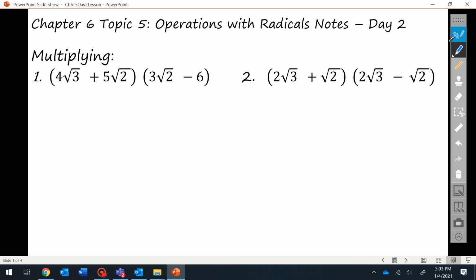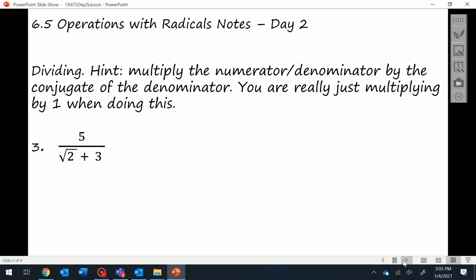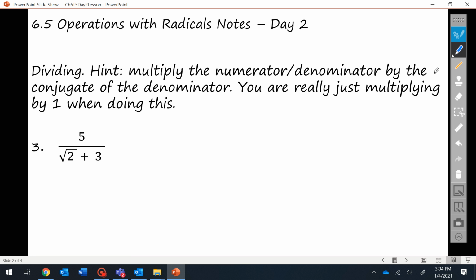Now we're going to use this idea to help us do division. Division works very similar to the way that imaginary numbers worked when we divided imaginary numbers. So when dividing, multiply the numerator and the denominator by the conjugate of the denominator. So you're really just multiplying by 1 when you're doing this. Alright, so let's say that we want to divide 5 over root 2 plus 3.